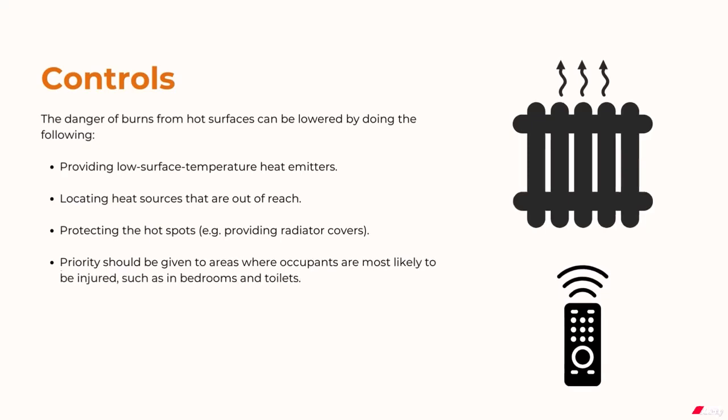The danger of burns from hot surfaces can be lowered by doing the following: providing low surface temperature heat emitters, locating heat sources that are out of reach, protecting the hot spots, for example, providing radiator covers. Priority should be given to areas where occupants are most likely to be injured, such as in bedrooms and toilets.